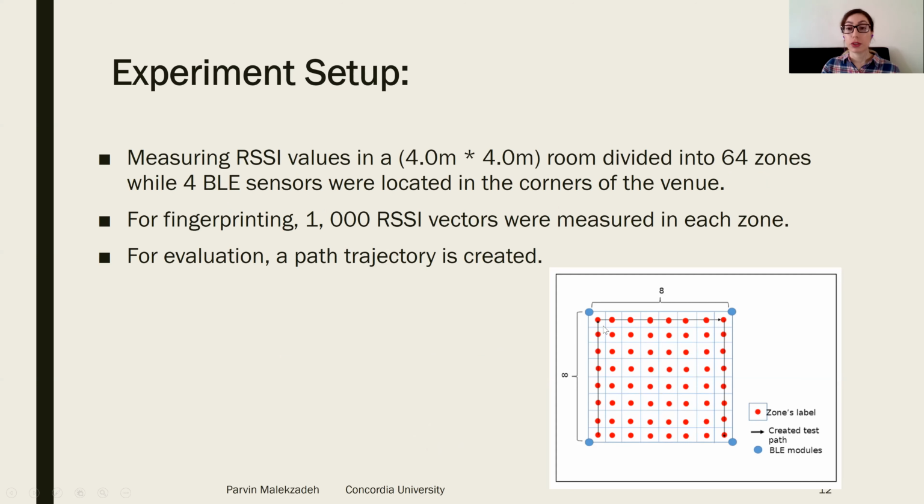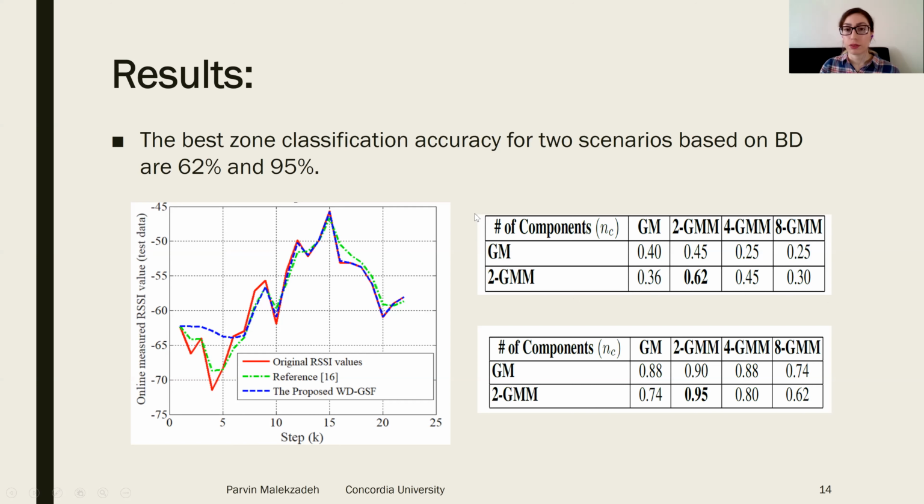Okay, here are our results. The first table shows the results for the first scenario, which was minimizing the Bhattacharyya distance between the zones. Here we get an accuracy of 62%.